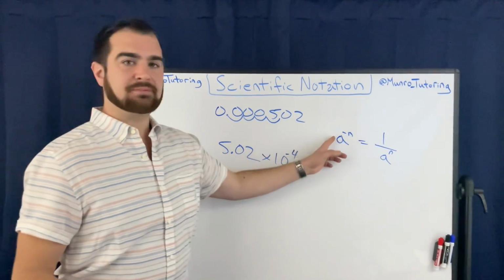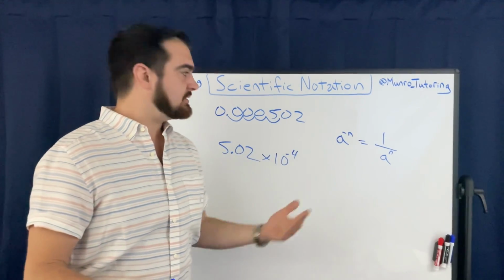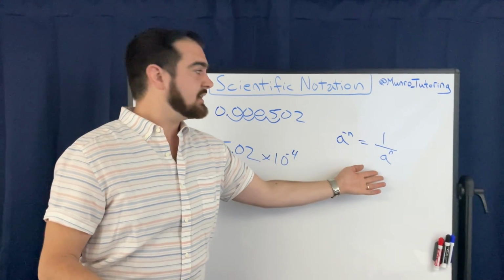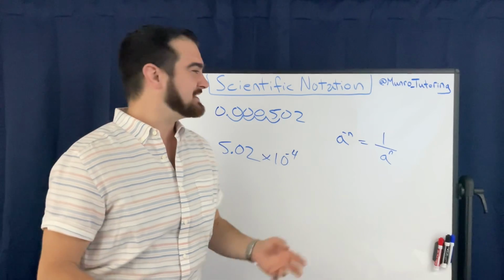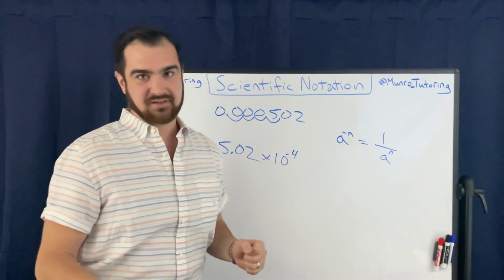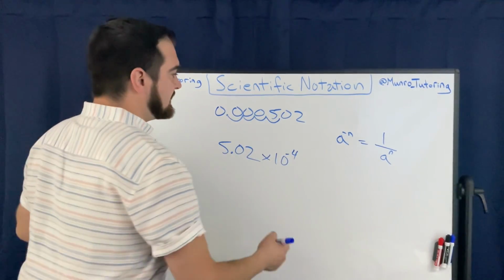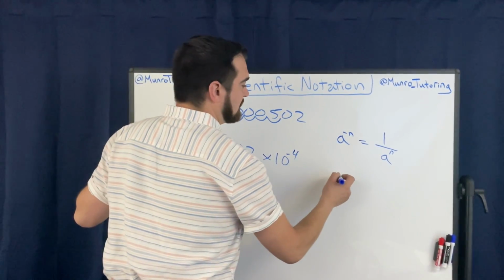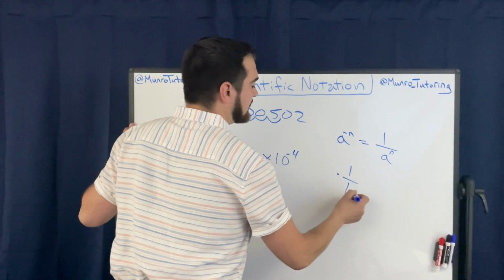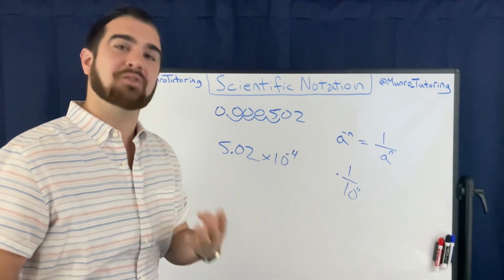So a negative exponent just means that this whole thing is in the denominator of a fraction with 1 as the numerator. It just means 1 over, or the reciprocal of, this with the positive exponent. So multiplying by 10 to the negative fourth is the same as multiplying by 1 over 10 to the fourth, which is saying we're dividing by 10 4 times.